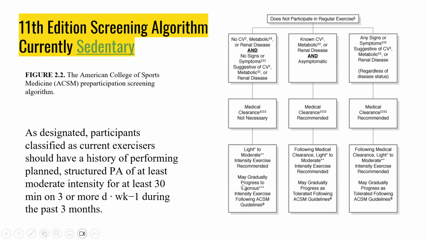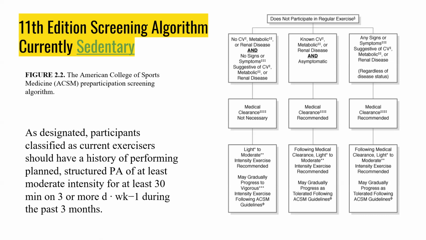How do you know if your client is a regular exerciser or not? Right, the ACSM has this established. So as designated, participants classified as current exercisers should have a history of performing planned, structured physical activity of at least moderate intensity for at least 30 minutes on 3 or more days per week during the past 3 months.